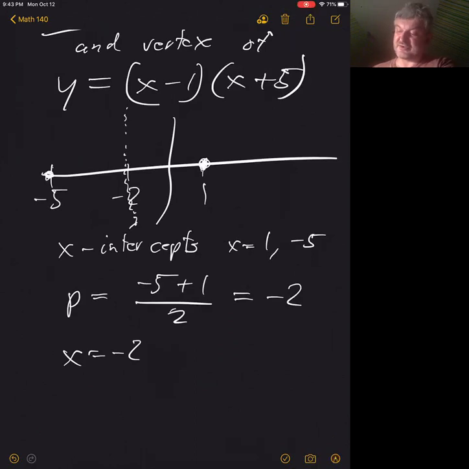And what's the vertex? It has x coordinate -2. And the y coordinate, you need to plug in x is -2, and you get -3 times 3, which is -9.